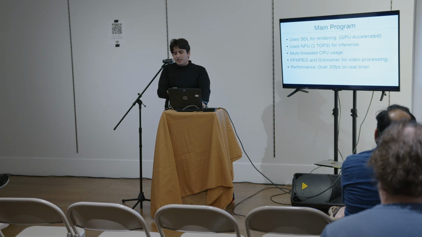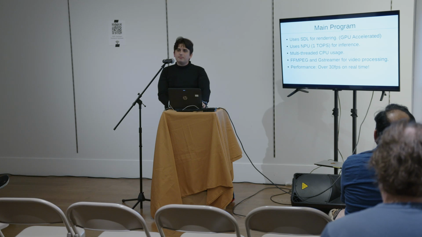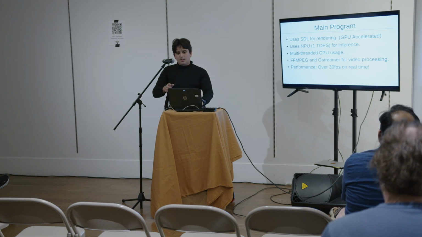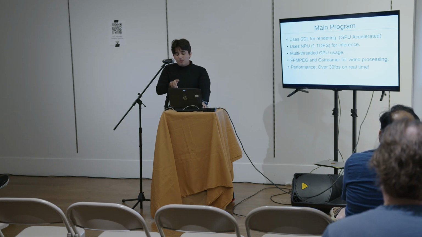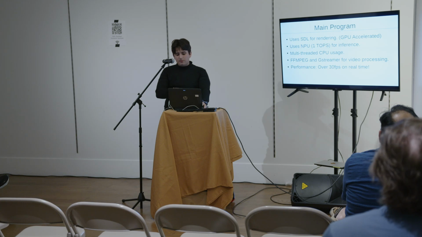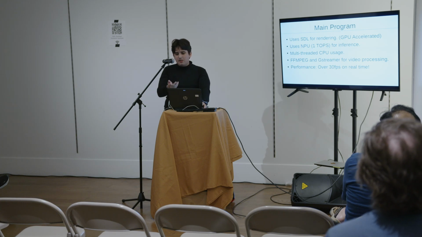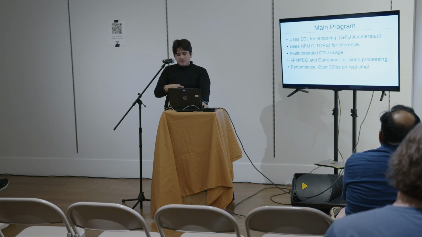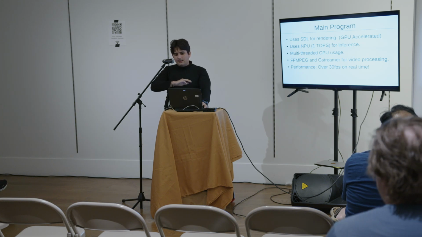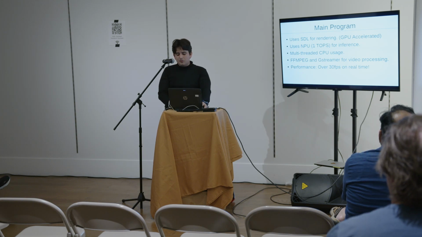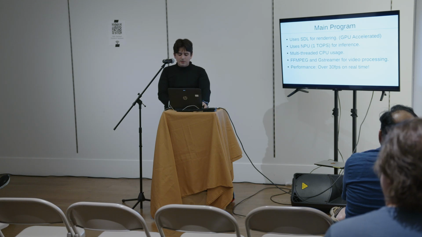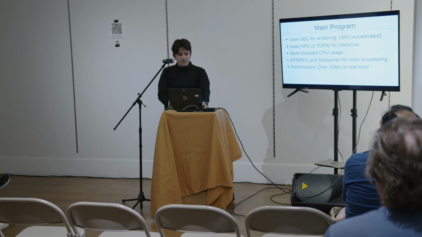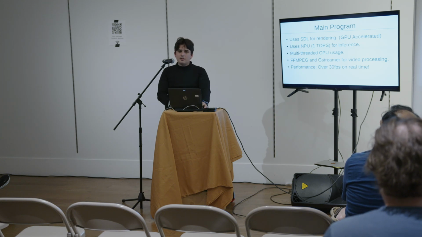Lastly, we multi-threaded the entire program because there were multiple system calls for the GPU and the NPU and the 2D graphics engine. So all these system calls will stall the main program and increase latency on the loop, and this will have a very detrimental effect on frame rate. So multi-threading the entire program was very important.